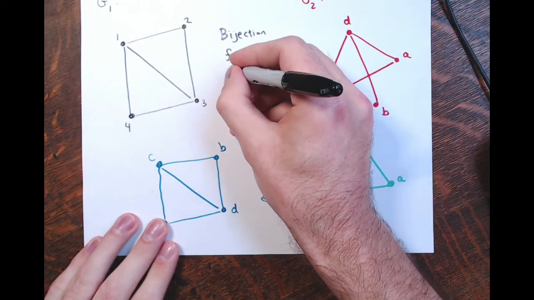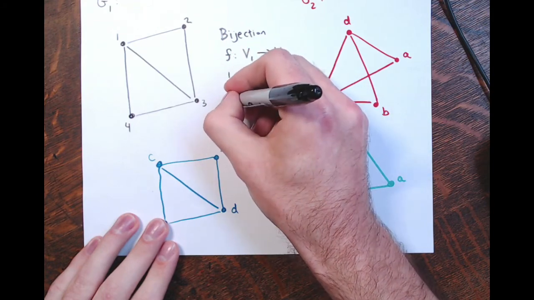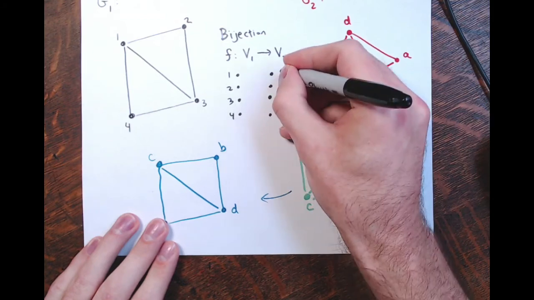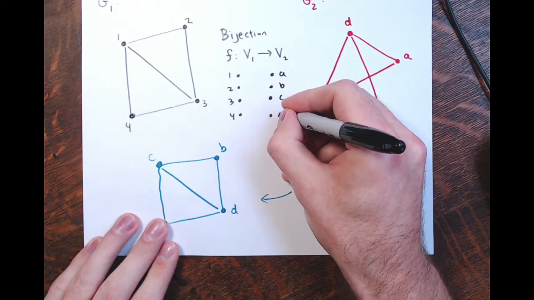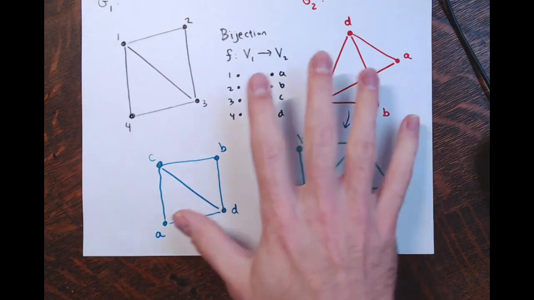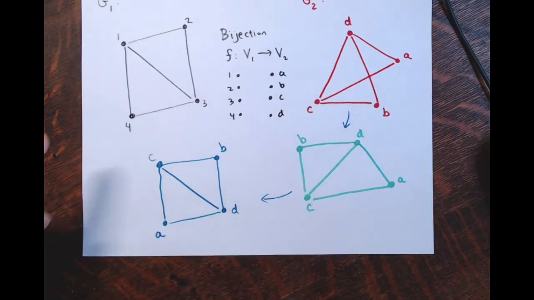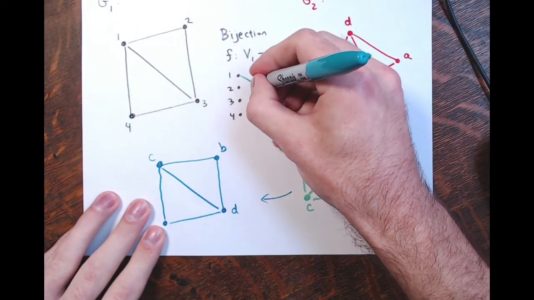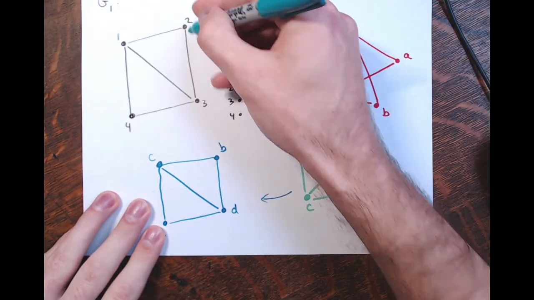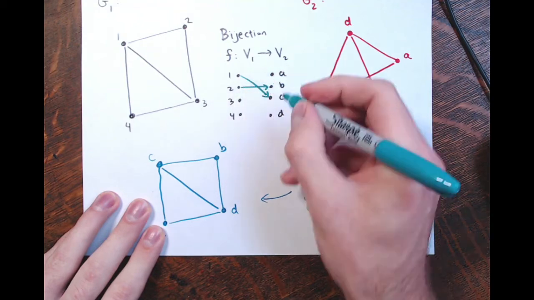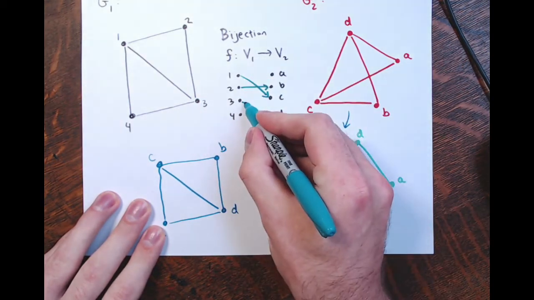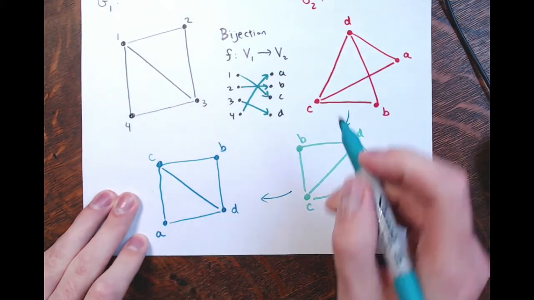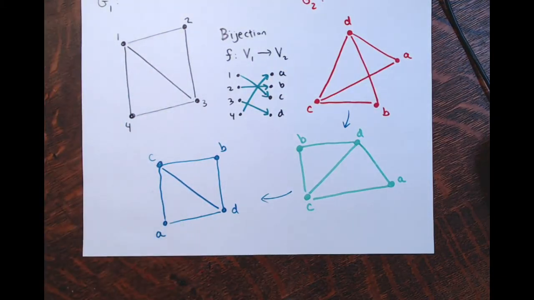But we're going from 1, 2, 3, 4 over here to A, B, C, D. And after all this moving points around and making the same exact connections, I can very clearly see that if I map 1 to C, if I map 2 to B, if I map 3 to D, and if I map 4 to A, you get the exact same connections.